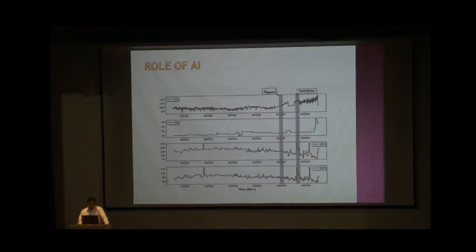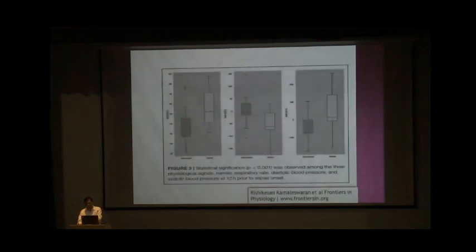What they found is that heart rate, respiratory rate, systolic blood pressure and mean arterial pressure changes can actually preempt the onset of sepsis. Among three physiological signals, respiratory rate, diastolic blood pressure and systolic blood pressure 12 hours prior to sepsis can predict the onset of sepsis.